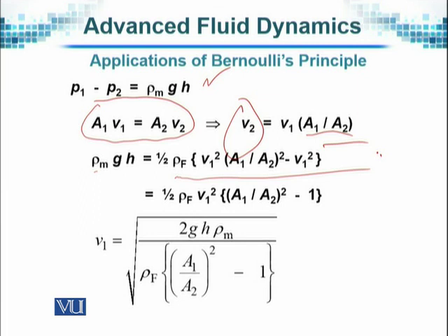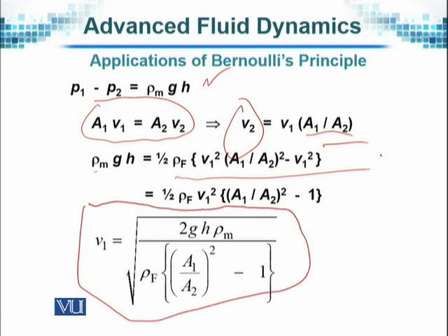And from this simple algebra, we work out that the velocity is this term. So the question was, how do you find the velocity in the flow field in the pipe?